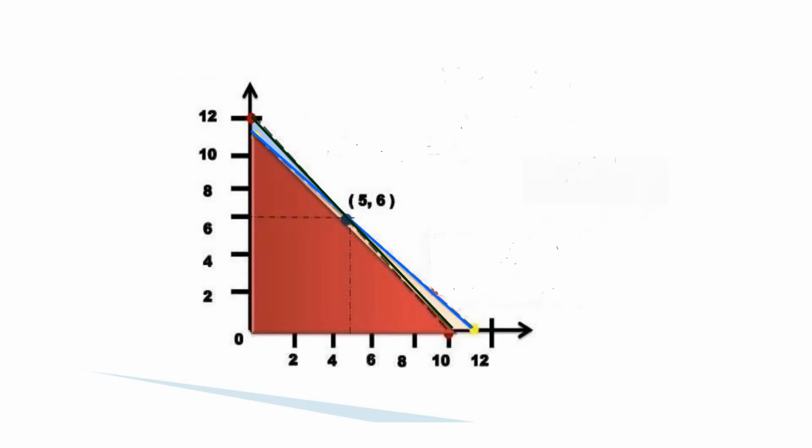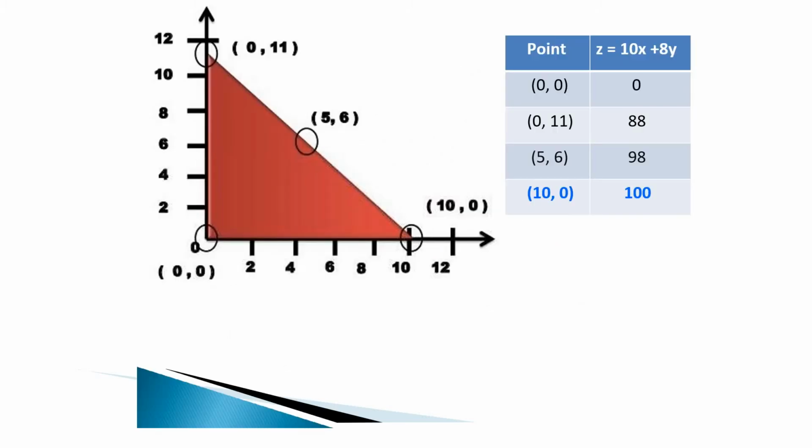Both the constraints are of the type less than or equal to, so shading will be towards the origin, and the common shaded region is what we have as a brown shade. So now we are ready to find the extreme points of this feasible region.